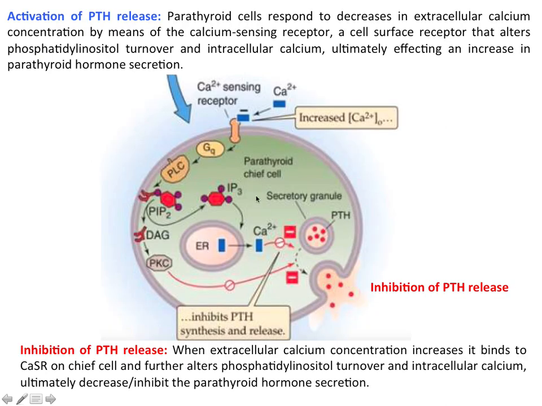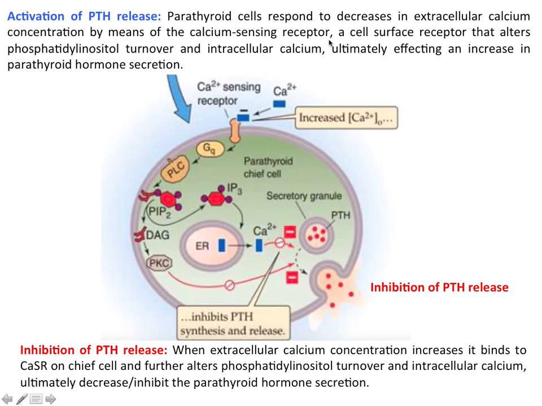So now the activation and inhibition of PTH release. So PTH release is activated when there is a decreased extracellular calcium concentration. So in this case, the calcium sensing receptor gets signal that the calcium is very less in the extracellular compartment.